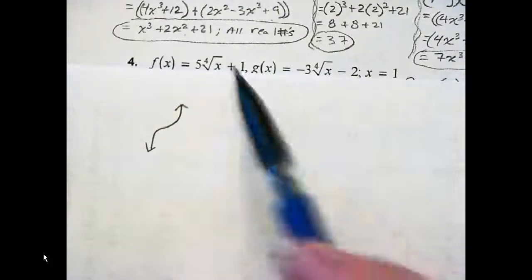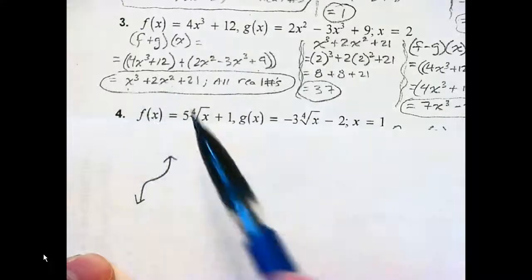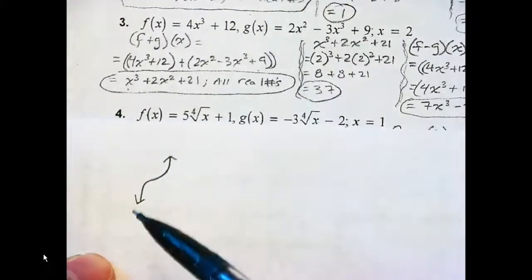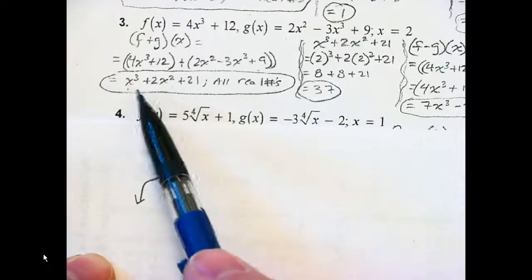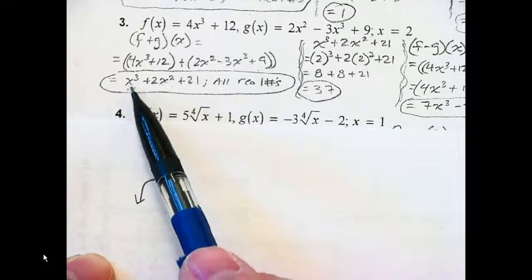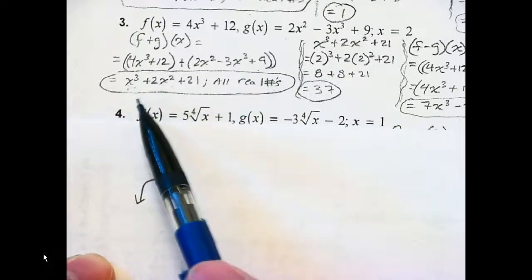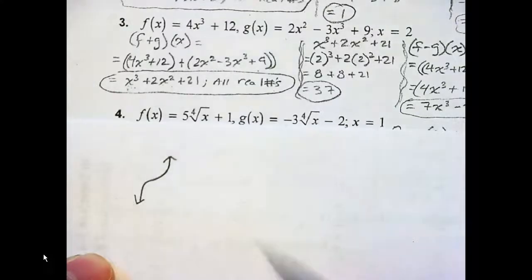Or another way to think about it: is there a value for x that does not yield a solution? So can you find a value where you would not get a solution? If you put 1,000 in, you get a solution out. If you put negative 1,000 in, you'll get a solution out. If you put 0 in, you'll get a solution out. Therefore the domain is all real numbers.